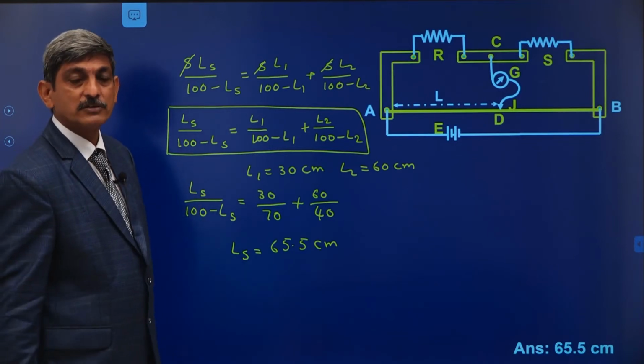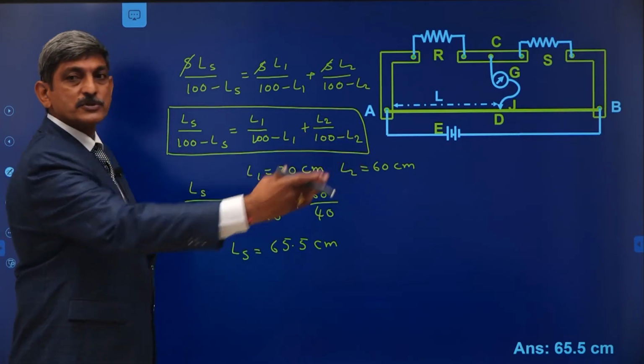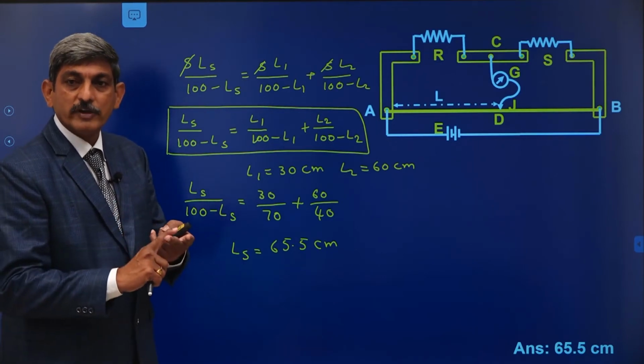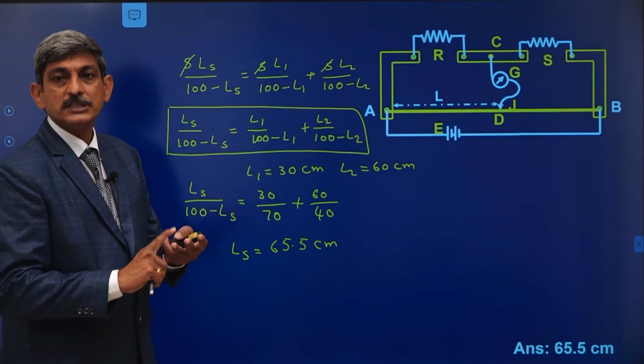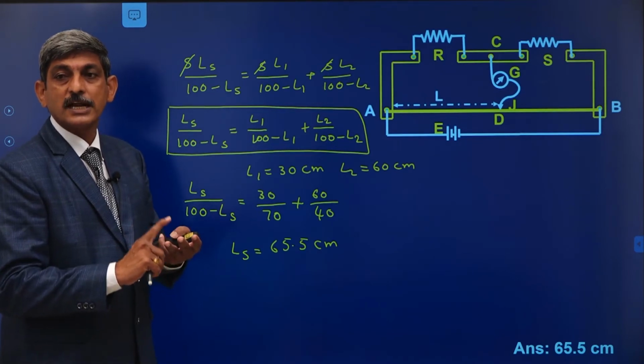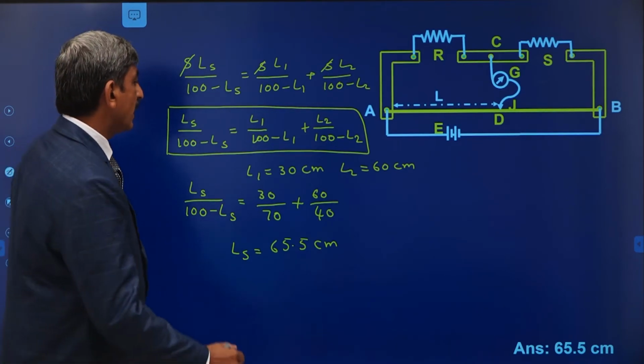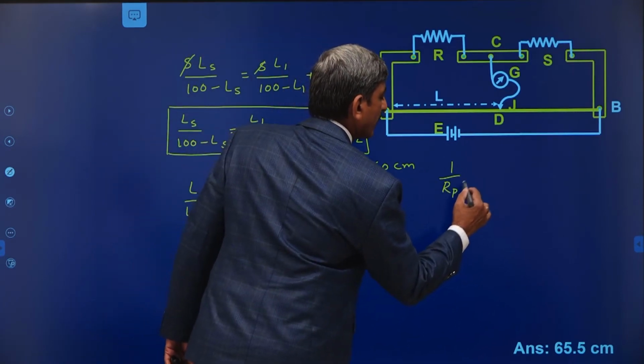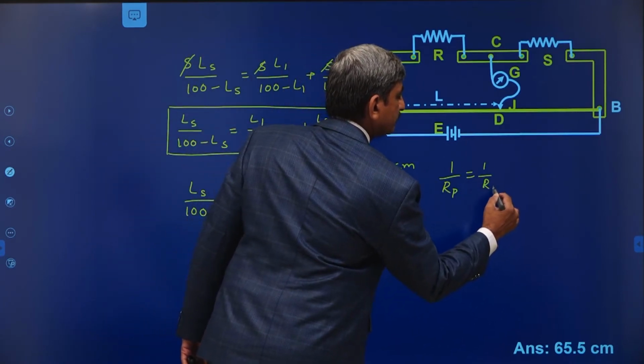In that case, what we have to do? Do the same procedure. Find out R1 value, R2 value and R parallel value in terms of standard resistance and the balancing lengths. Already we know that 1 by R parallel is equal to 1 by R1 plus 1 by R2.